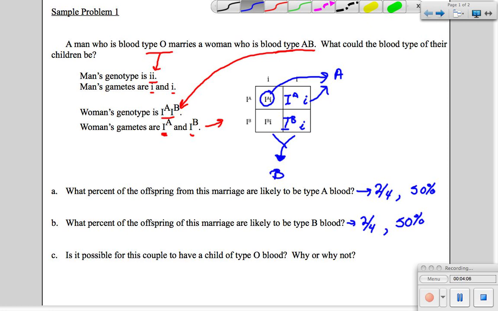Question C asks, is it possible for this couple to have a child with type O blood? And we can see that it is not possible. No, it is not possible. Because in order to have type O blood, we would need the double recessive allele. So little i, little i is the only genotype which gives rise to type O blood.